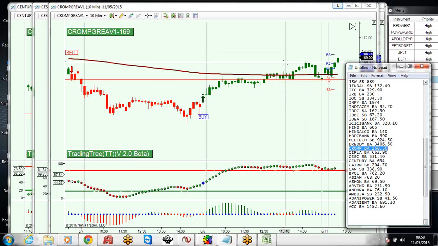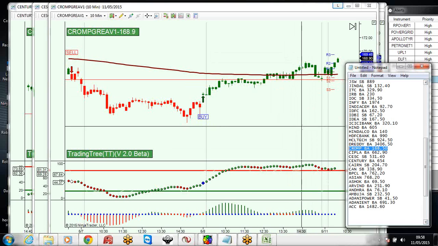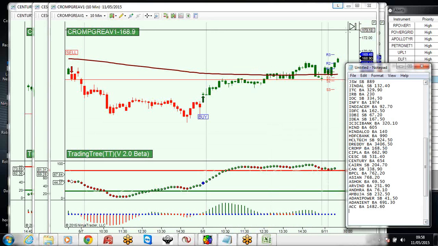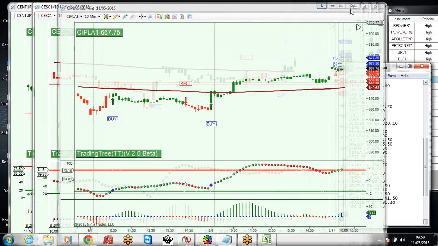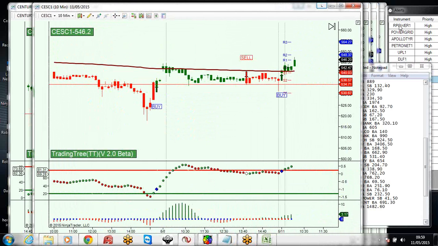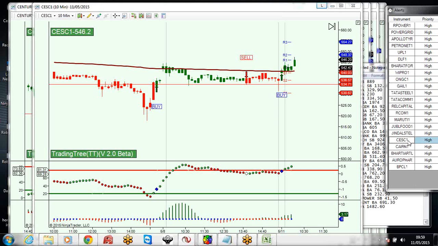On 68.50 was a buy, 169 is the current price. CSC, we had this call in the morning. You can just check this here. We had this buy call here.